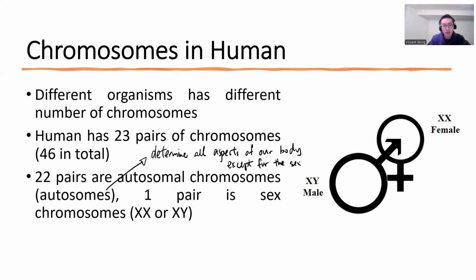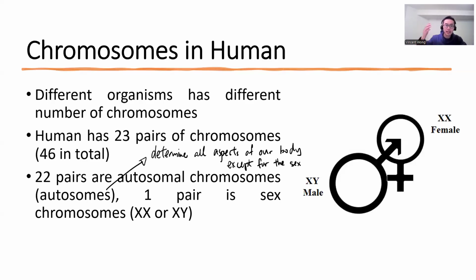Right? So your eye color, your height to a certain extent, your blood type, whether you can curl your tongue or not, whether your earlobe is attached or detached, the kind of hairline you have, curly hair, straight hair, all these features about us, they are all encoded within the first 22 pairs of chromosomes. And we call these autosomes.